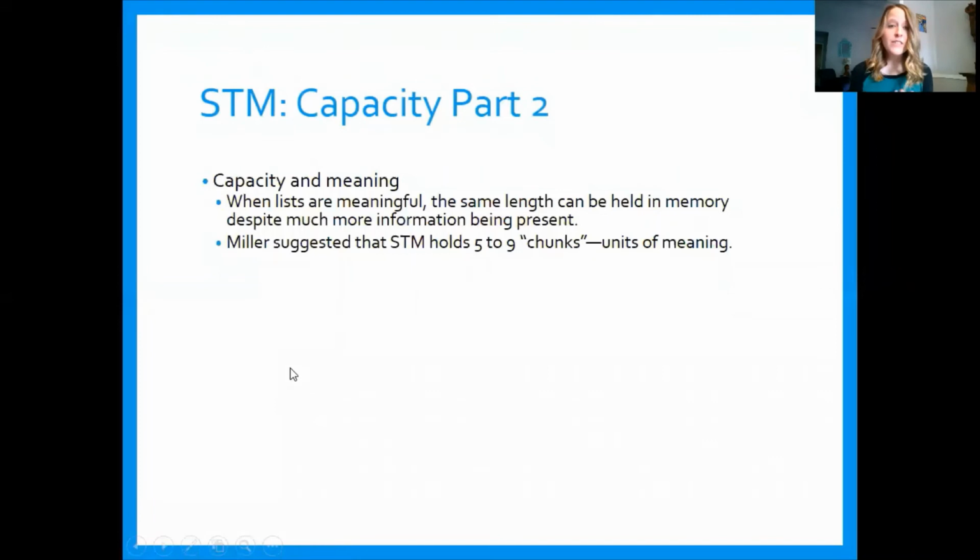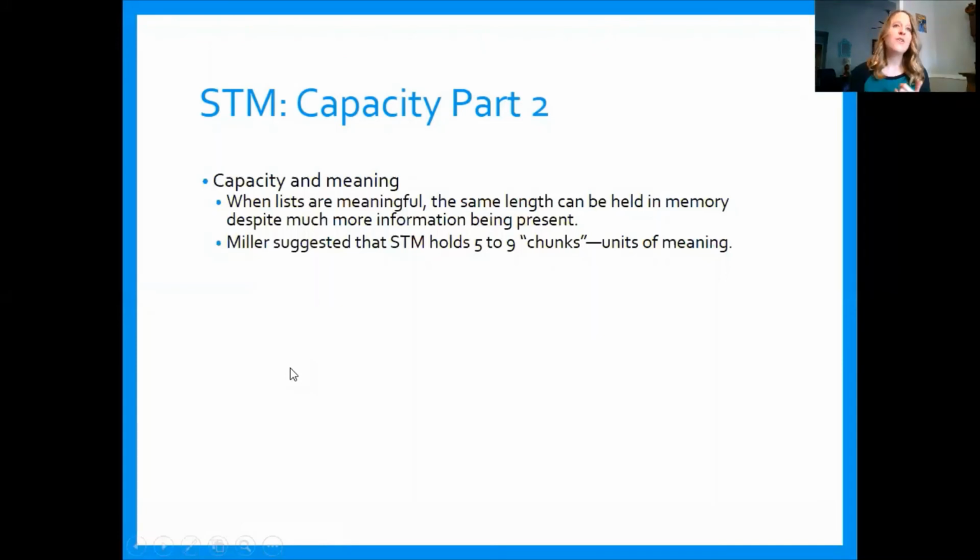So if individuals can develop strategies to repackage information to make more efficient use of this limited storage space, then they can engage in these really impressive short-term memory tasks.